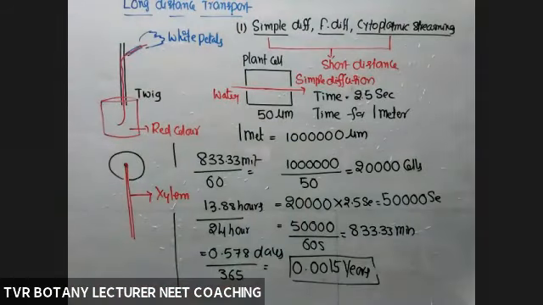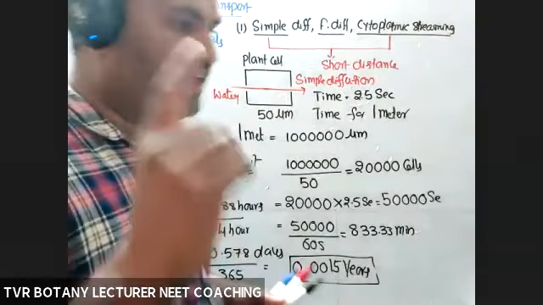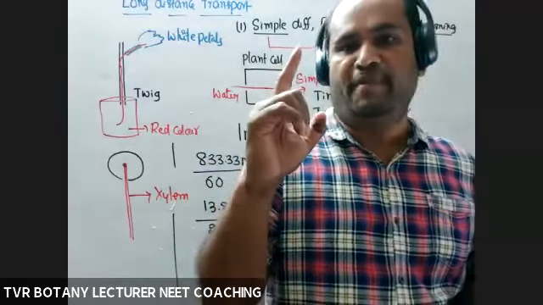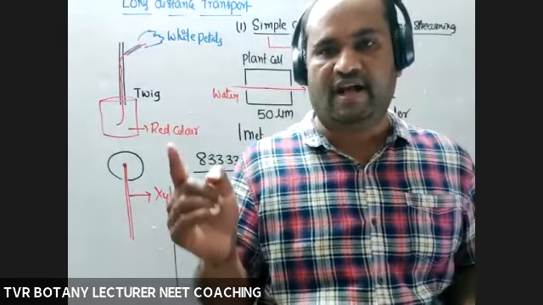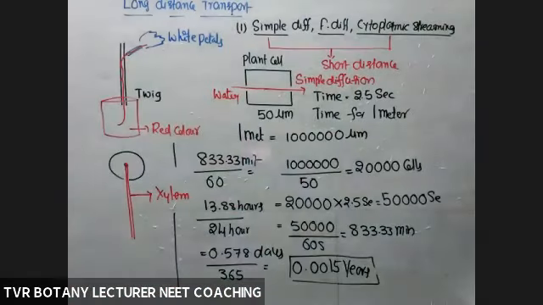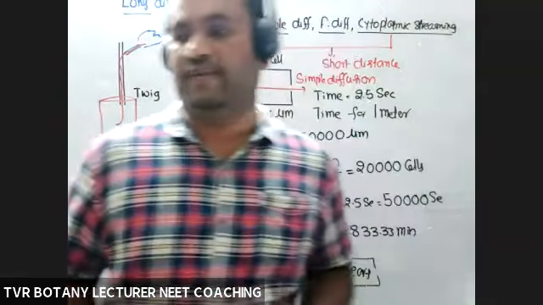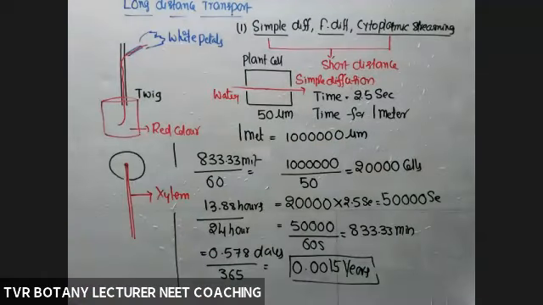Movement of cytoplasm around the vacuole. If the cell has only one vacuole, the direction of movement is either clockwise or anti-clockwise, one direction only. If the cell has more than one vacuole, around one vacuole it is clockwise, around another vacuole anti-clockwise, simultaneously. That is called circulation.